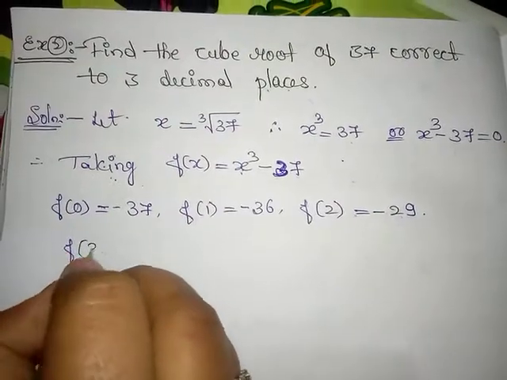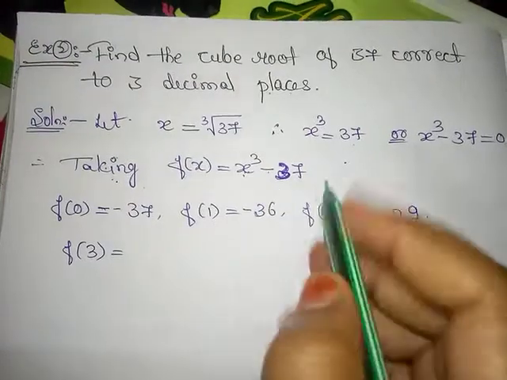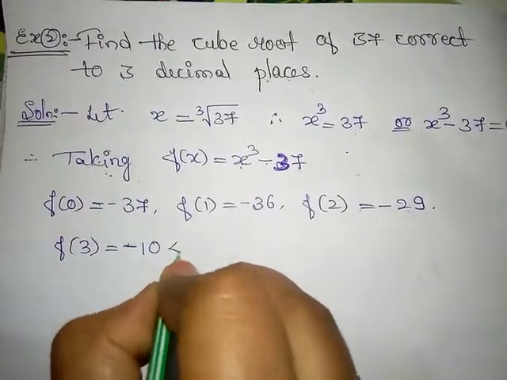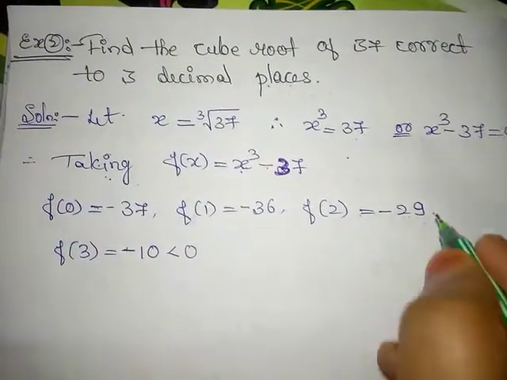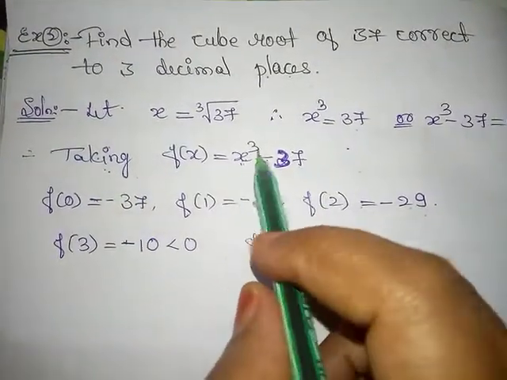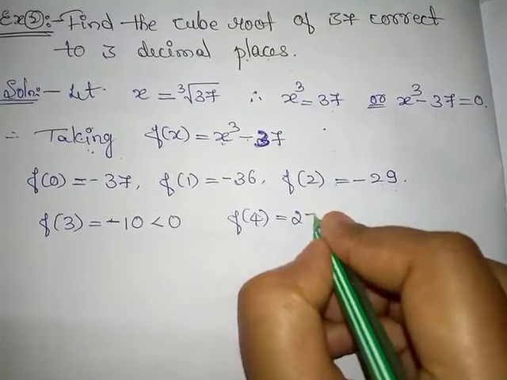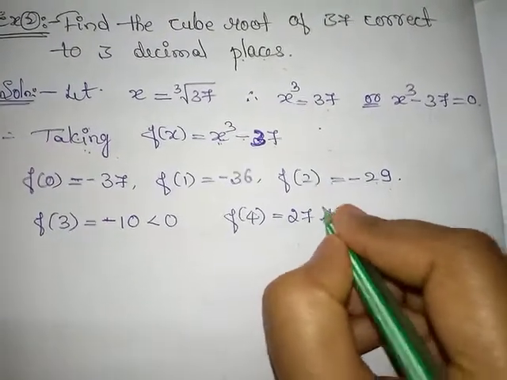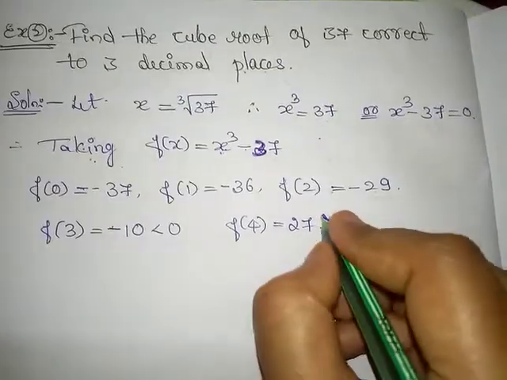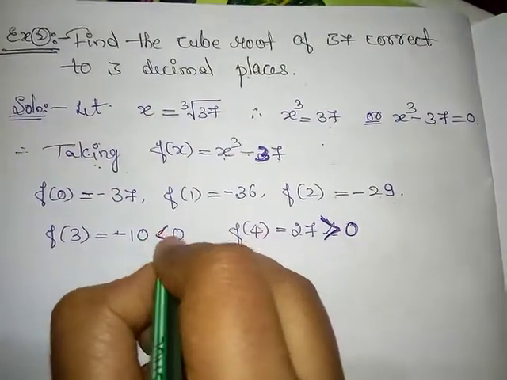Next, f of 3 is equal to 3 cube is 27, minus 37 is minus 10, which is less than 0. These all are less than 0. Then f of 4 is equal to 4 cube is 64, minus 37 is 27. We get here a positive value which is greater than 0.